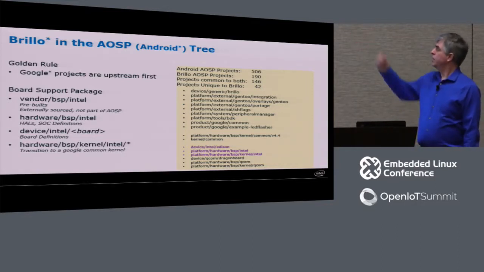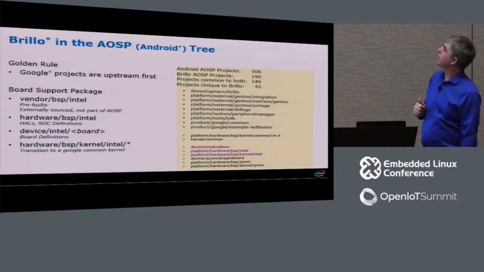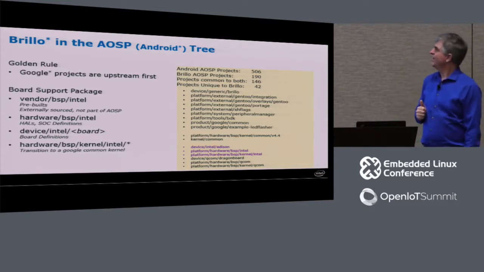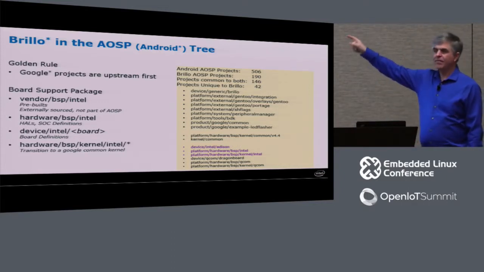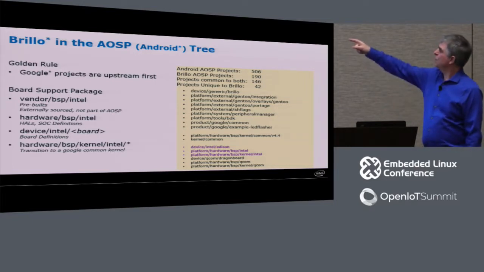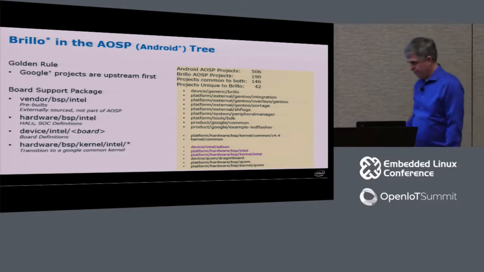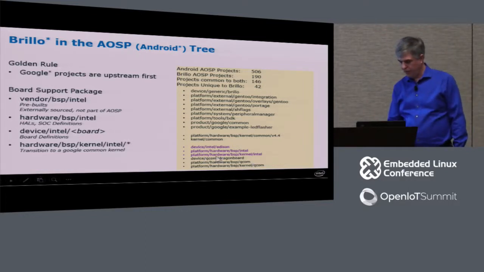The projects unique to Brillo, and I think the math doesn't work out there, but if I say 42 there, even if the math isn't working out, a lot of them are device specific. Let's see, down here, right?